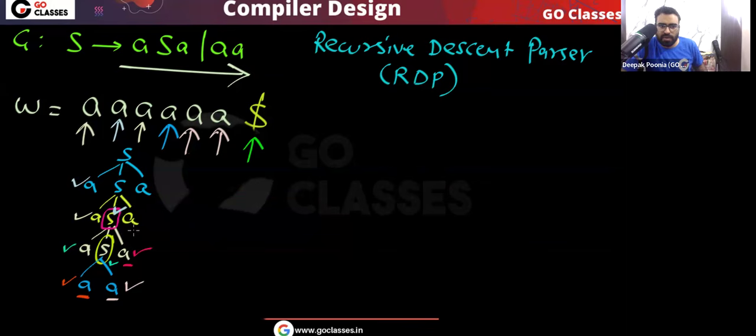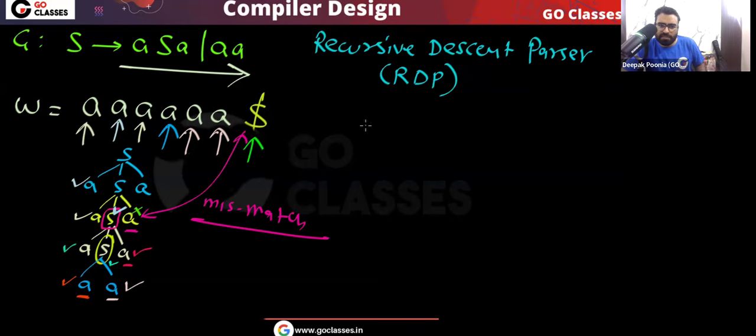Now notice this a. Is it matching the current input symbol? No, there is a mismatch here. You can see this dollar and this a, there is a mismatch. Because there is a mismatch, this a has failed.